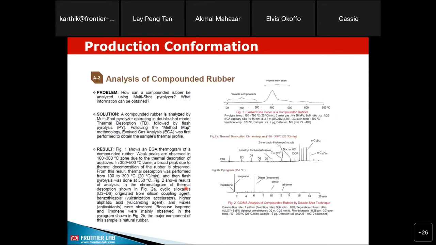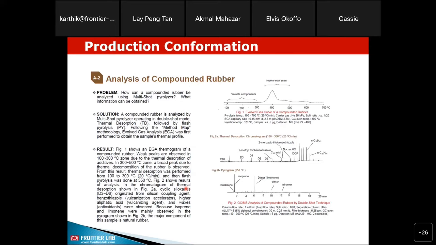This is another application for the analysis of compounded rubber, for both the additives and polymer. So when you want to analyze the additives and the type of rubber or polymer, then we always recommend to go for a double shot.